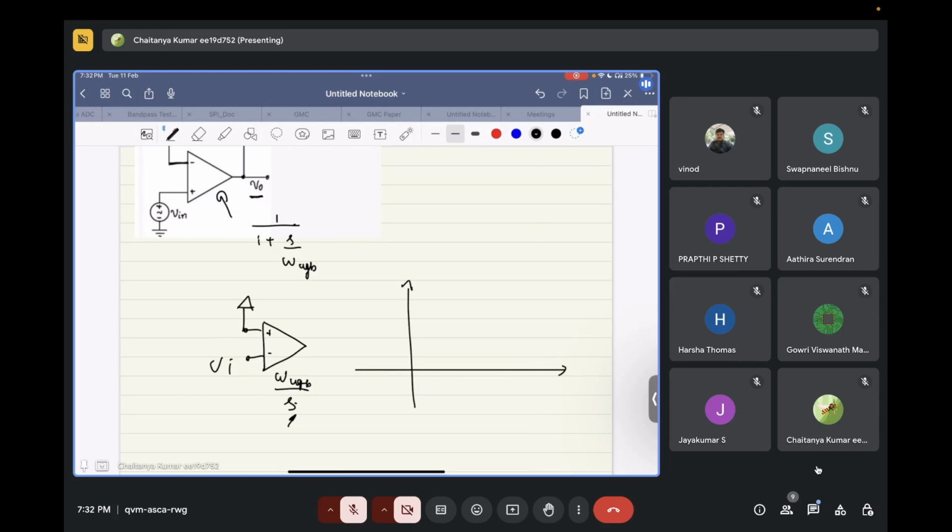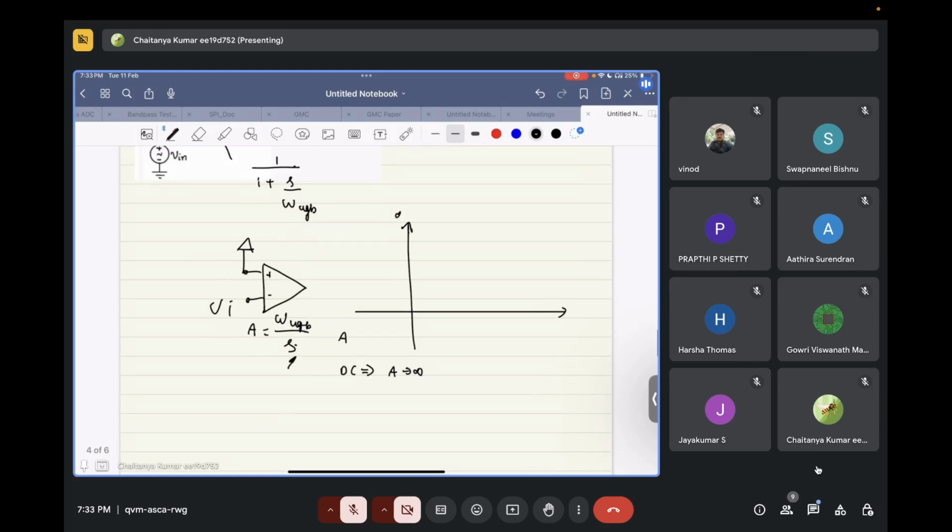At DC, the gain will be infinite. So A will be equal to this. At DC, A will be infinite, which is the characteristic of an ideal op amp. But as the frequency starts increasing, its gain will start dropping, until the frequency at which the gain of the op amp becomes unity.